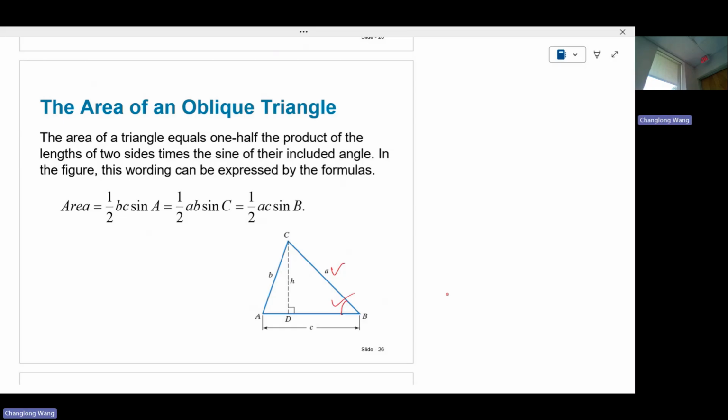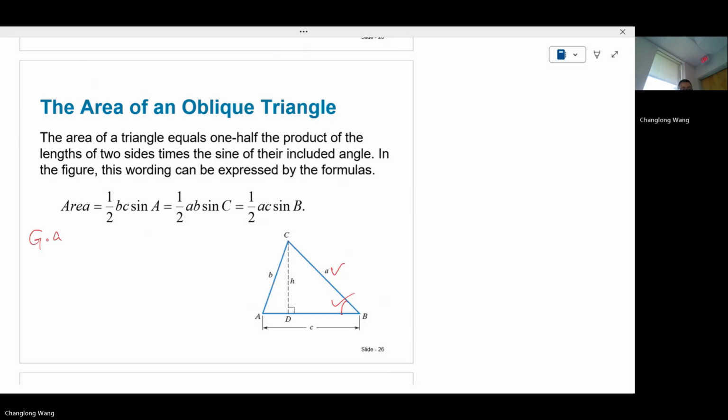Do you guys see the right triangle right there? This is the right angle, which means a is the hypotenuse. Knowing the angle B, the height is the opposite of angle B. You should use the sine function to find out what the height is. So let's do that.